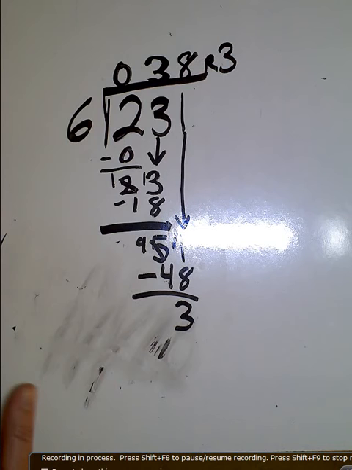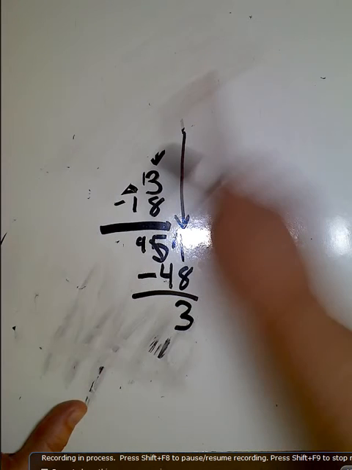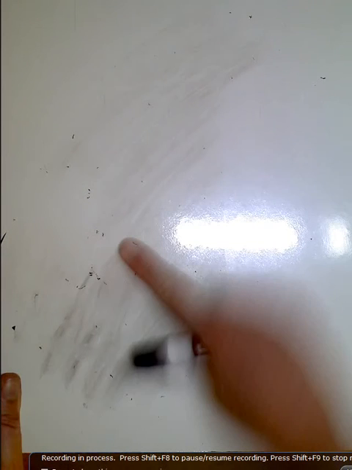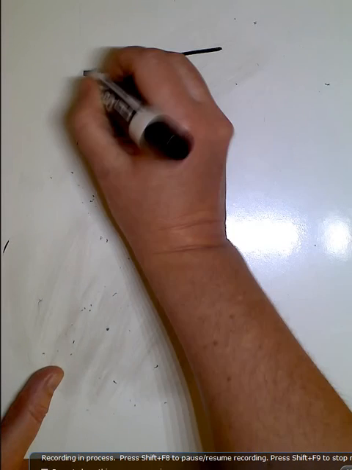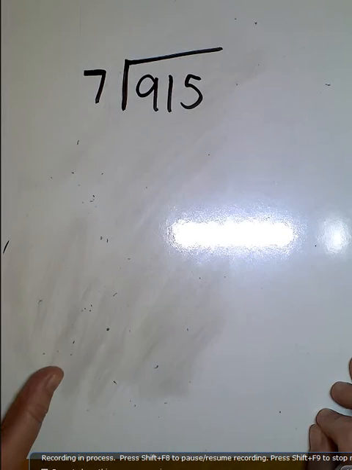Now, for question number 5, I'm just going to talk it out, and notice I'm not going to show the same type of work this time. So I have the problem of 915 divided by 7. And with that, I'm just going to talk it out.